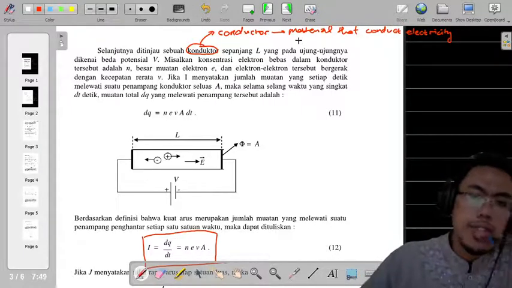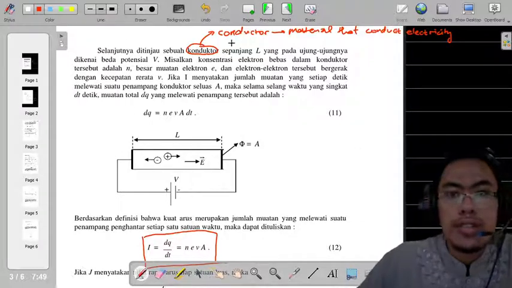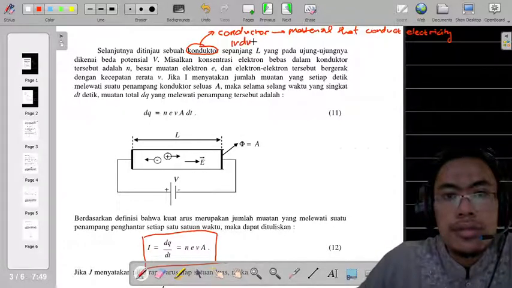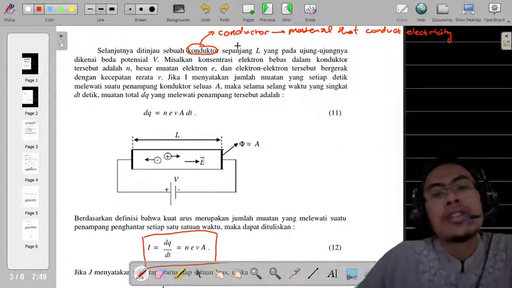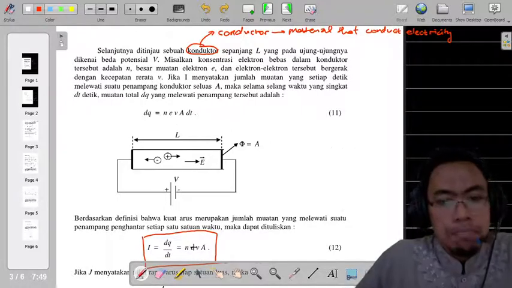And the opposite of a conductor means inductor... no, no, no. Conductor is just conductor. Okay.